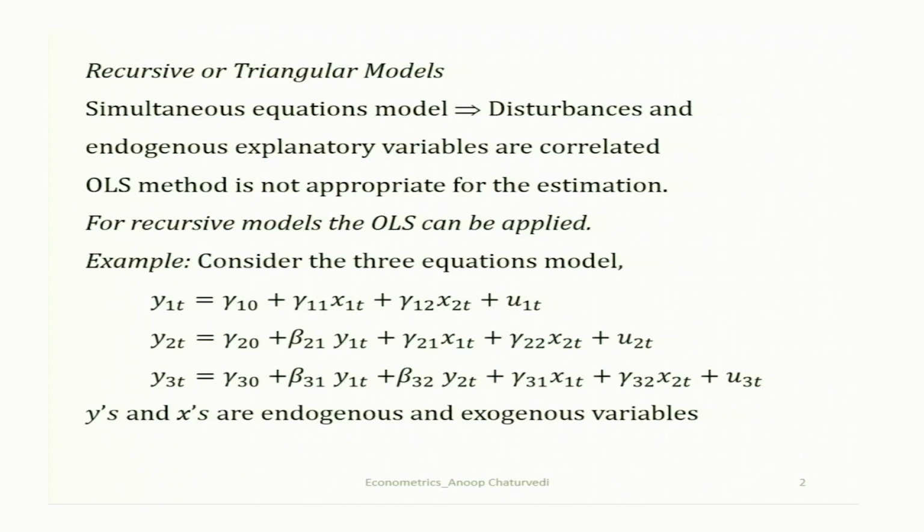One thing you must notice is that in the first equation y1 appears, in the second equation y1 and y2 appear, in the third equation y1, y2 and y3 appear.